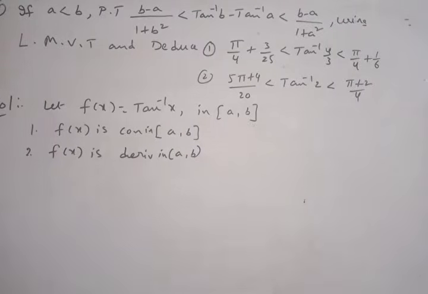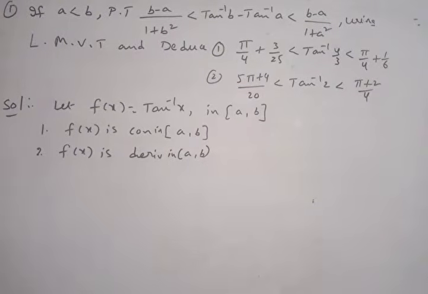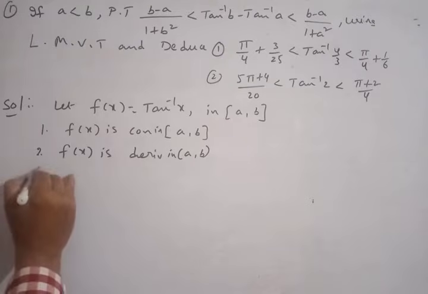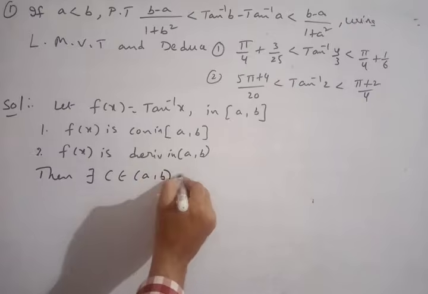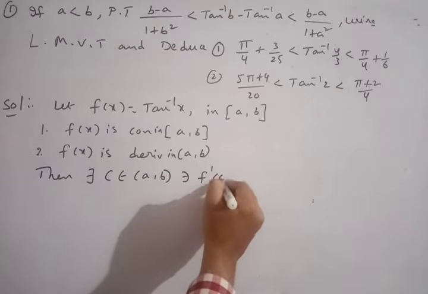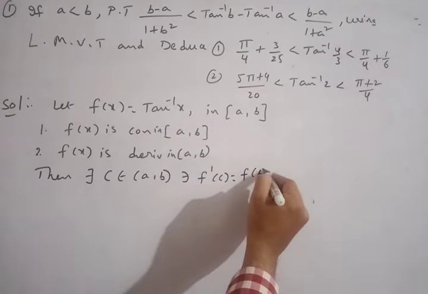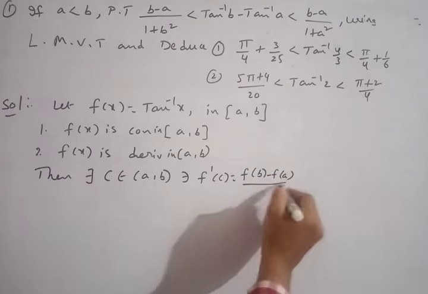Now what is the condition? Then there exists c belonging to a comma b such that f dash of c is equal to (f of b minus f of a) by (b minus a).